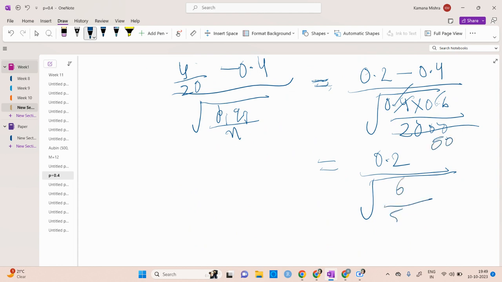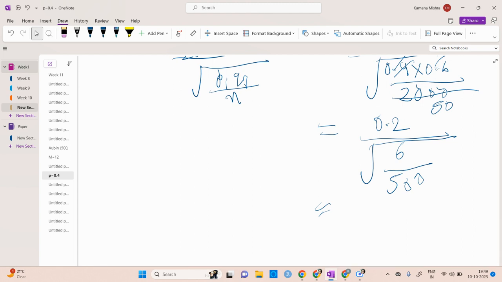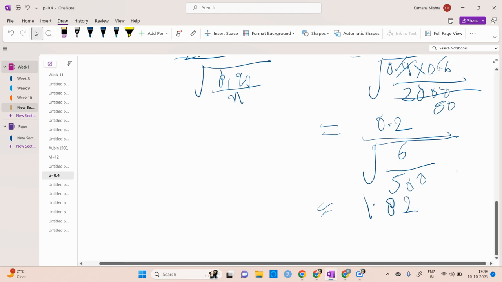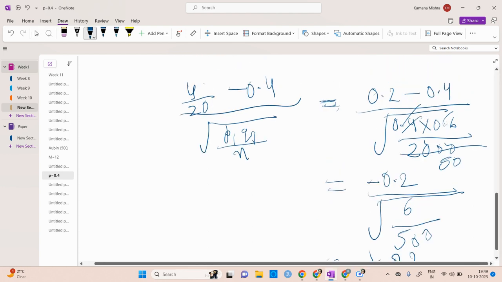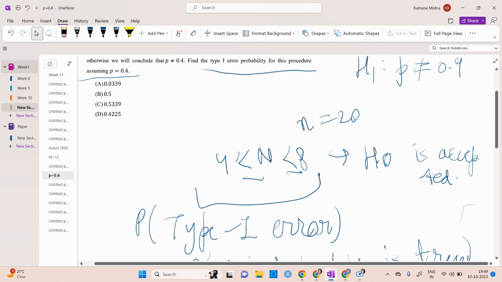Then we can use the calculator here. So it is 0.2 divided by the square root of 6 divided by 500. So it is 1.82, and it was negative, so this one will be negative, right?